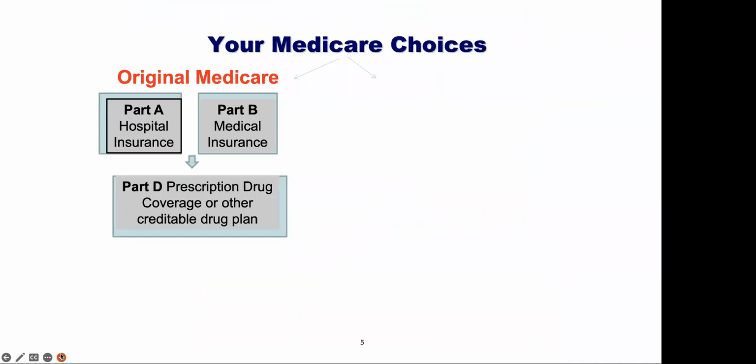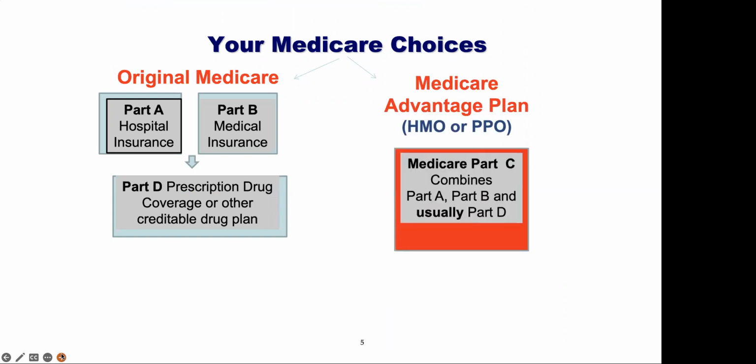And I want to reinforce, and I'll be doing this throughout the presentation, the 2 and the only 2 ways to get Medicare: original Medicare, Part A hospital insurance, Part B medical insurance, Part D prescription drug coverage, or Medicare Advantage plans, which combine Parts A, B, and D into one plan.